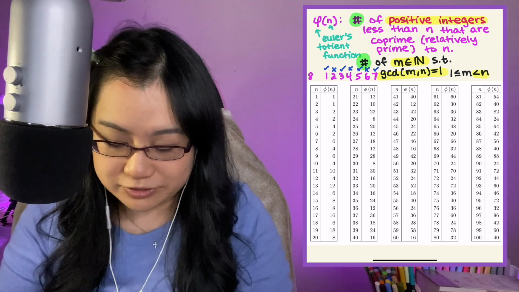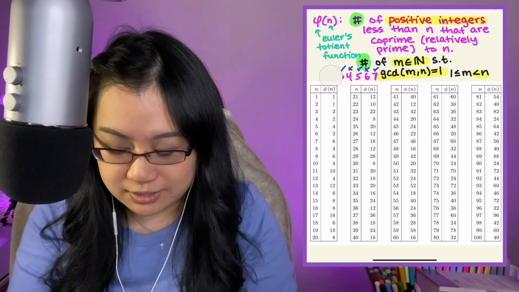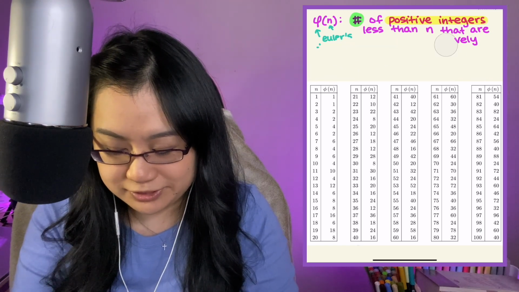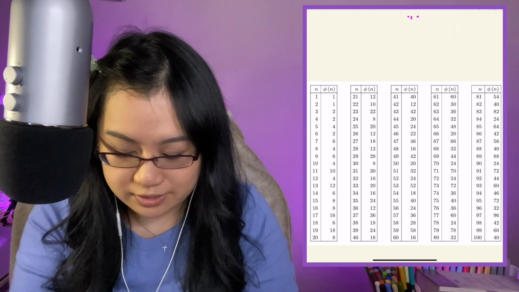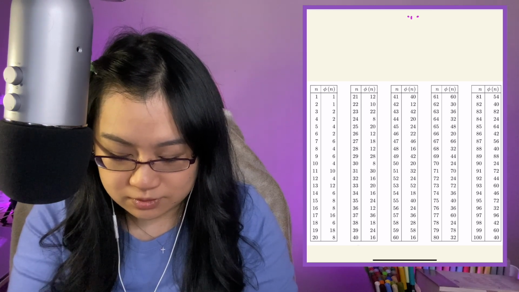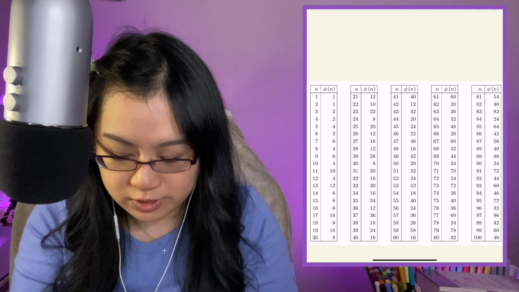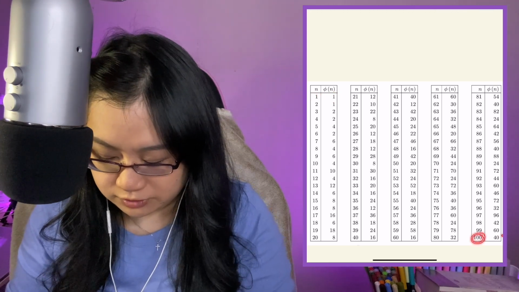Now that we understand what the function actually is and says, let's look at some fun patterns here. We can see here that we have n going from 1, which is 1, through 100, which is 40.